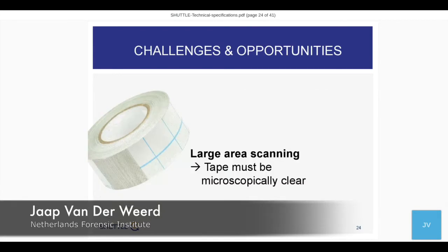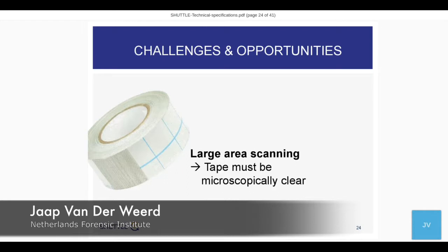The next opportunity is the tape. If we go from microscopic slides to complete tape, to automation of the observation, we would like high quality observation of large areas. As I told you a couple of minutes ago, we tape an area, and once we find something interesting, we extract it from the tape and put it onto a glass slide for high magnification observation.